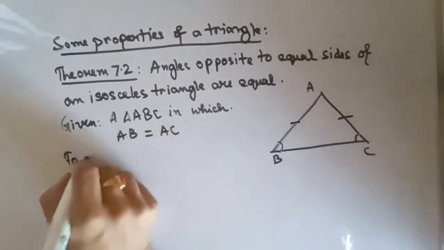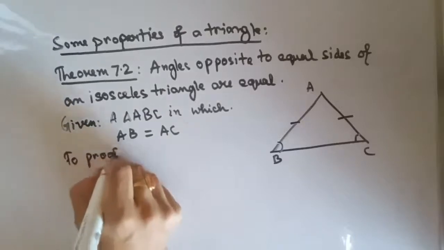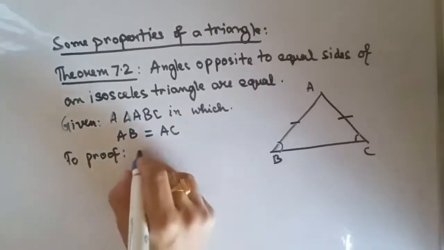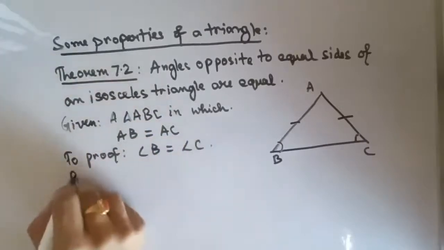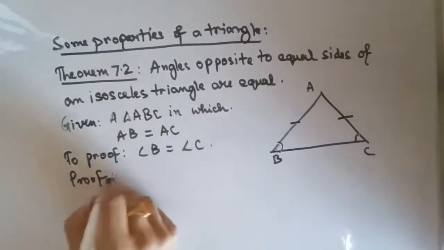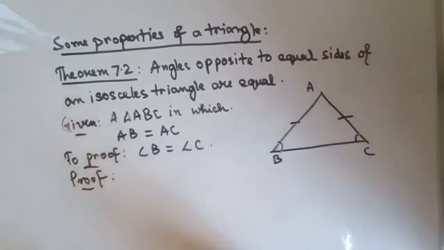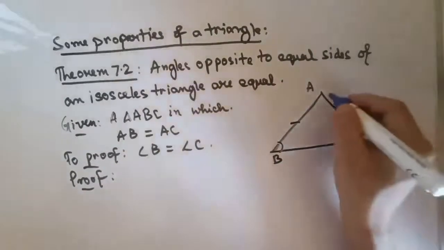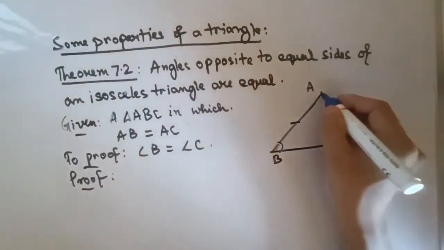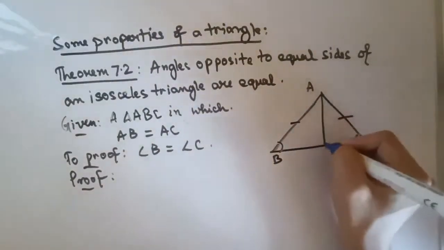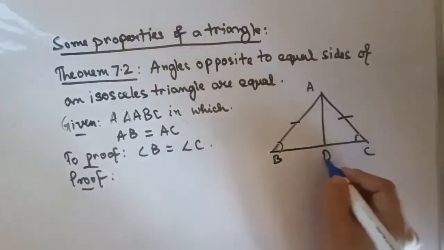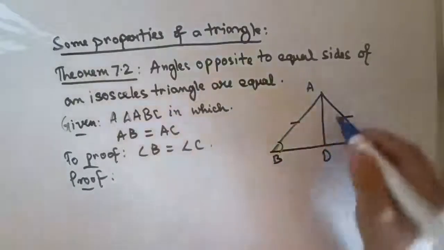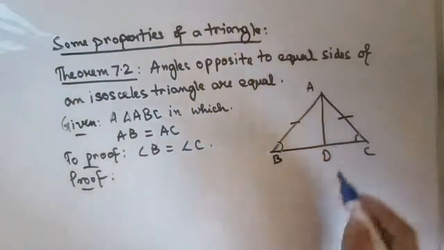To prove, angle B is equal to angle C. Proof. To prove this theorem, we draw the angle bisector of angle A such that D is the point where this angle bisector meets the side BC.